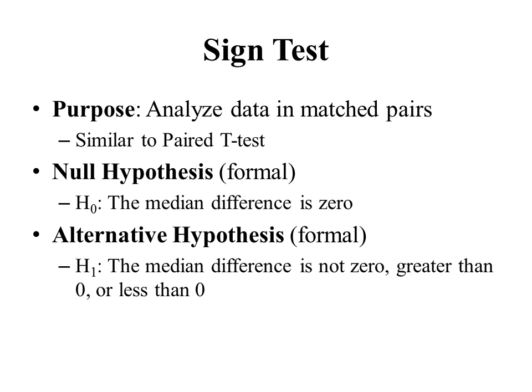Either the median difference is not 0, greater than 0, or less than 0. And so it could be any one of those forms. This illustrates that a sign test could be a one-tailed test or a two-tailed test. It's two-tailed if the alternative is not 0. It's one-tailed if it's greater than or less than 0.